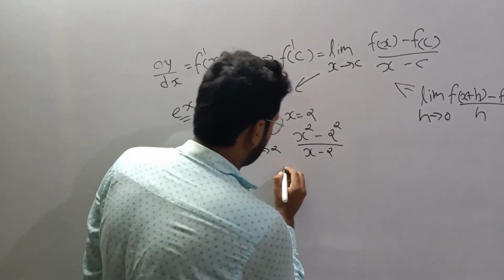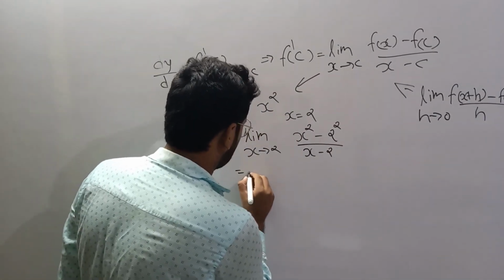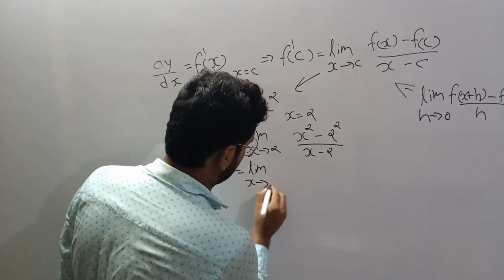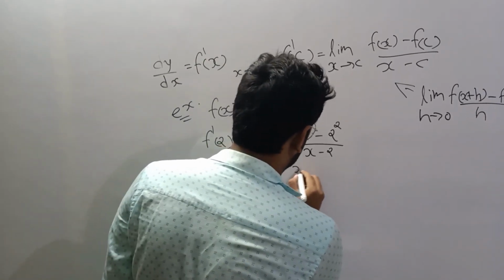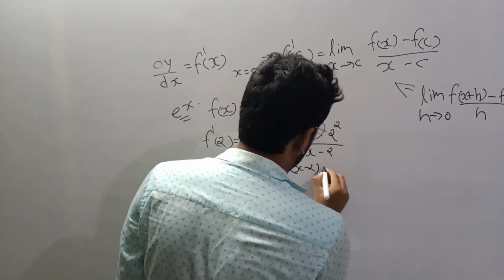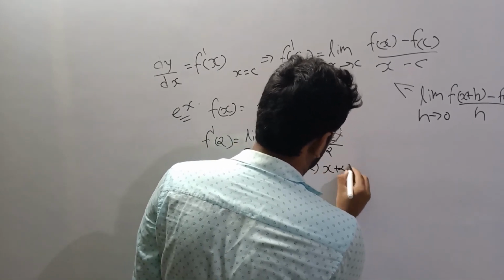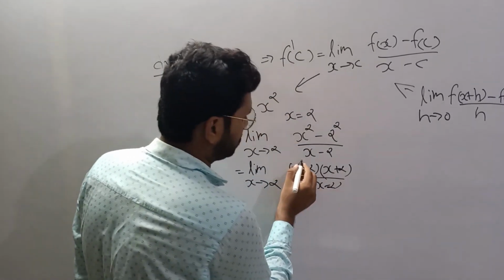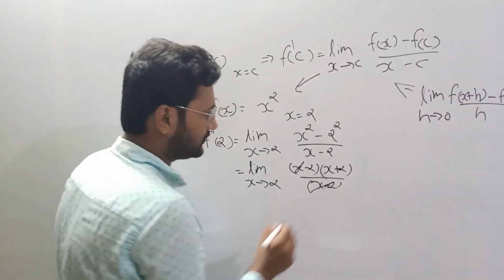So it will be like limit x tends to 2, x minus 2 into x plus 2 upon x minus 2. So these two terms will cancel out each other.